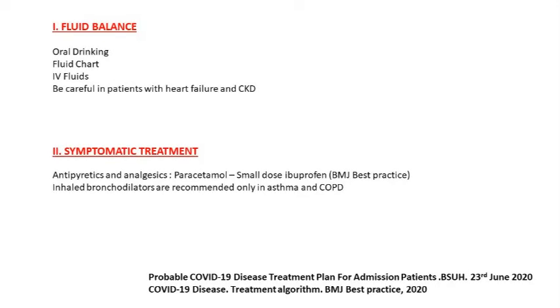The third line of treatment is oxygen therapy, which is very important for patients who are dropping their oxygen saturation. This doesn't apply to mild cases, when the oxygen saturation is usually 94 or above, but it applies to people dropping their oxygen saturation to the moderate range, or of course the severe.